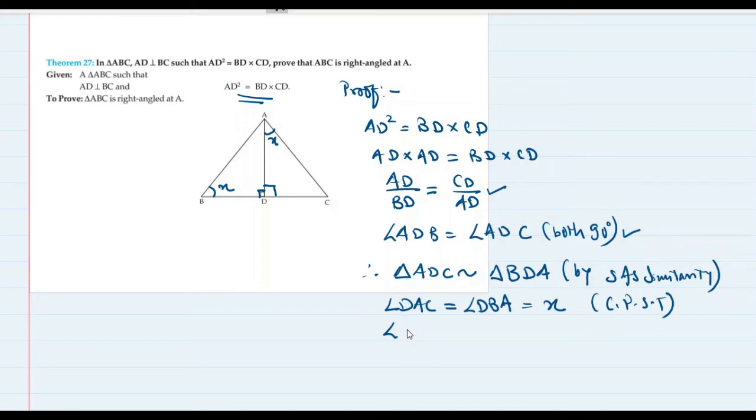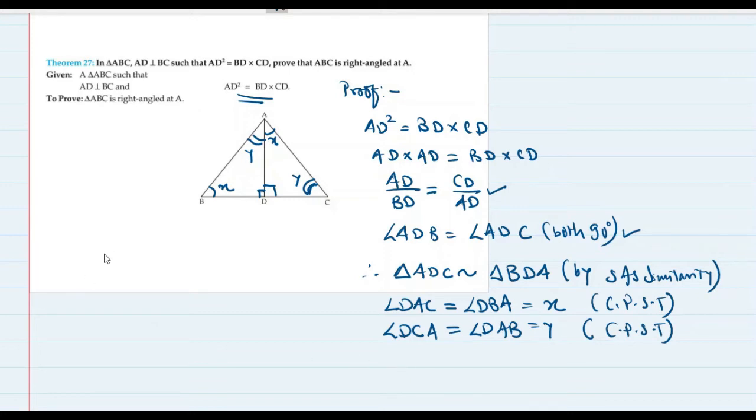Angle DCA is equal to angle DAB, this angle, and both are equal to Y, CPST.